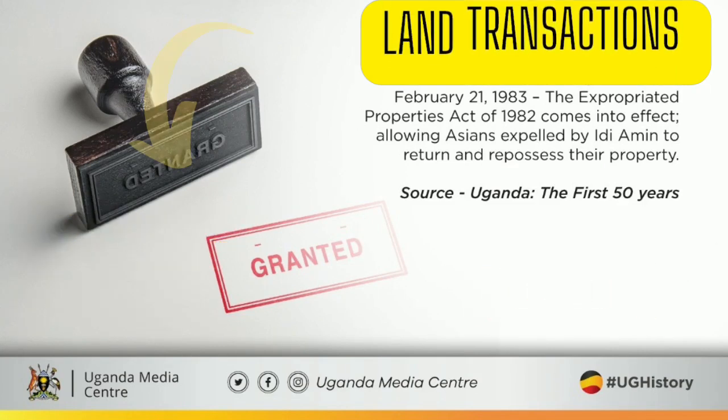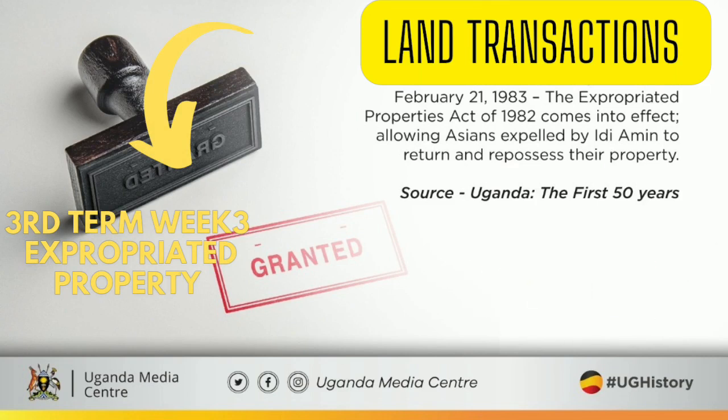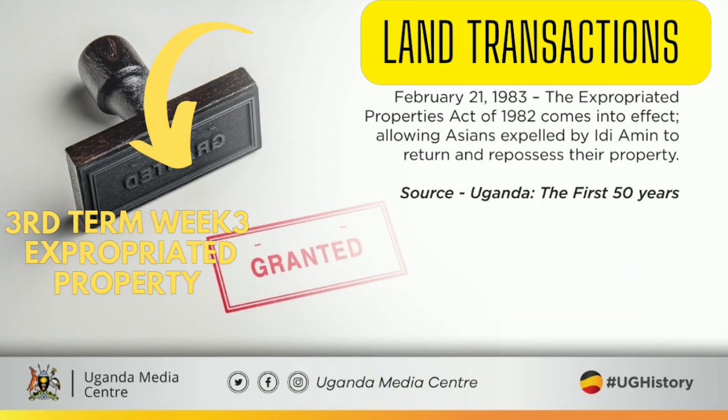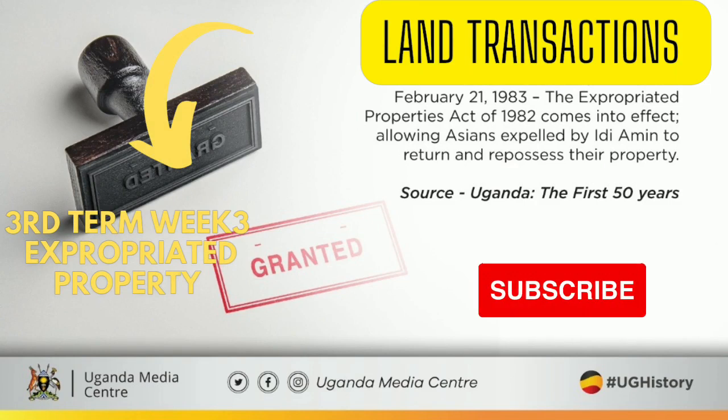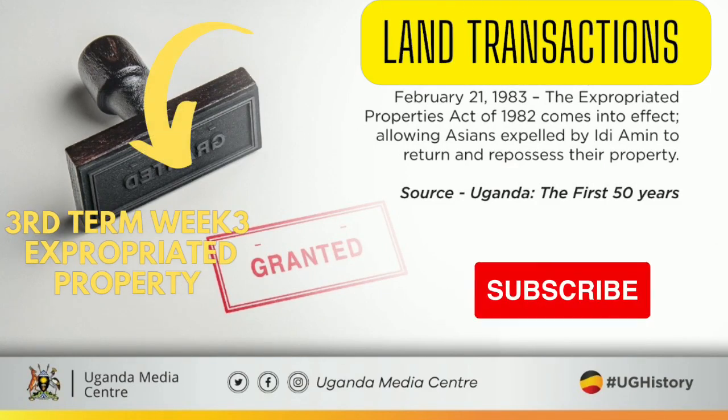So that means whoever bought, leased, or acquired any land belonging to a departed Asian under the management of the custodian board, the transaction was null and void by virtue of section 2, subsection 2, paragraph A.